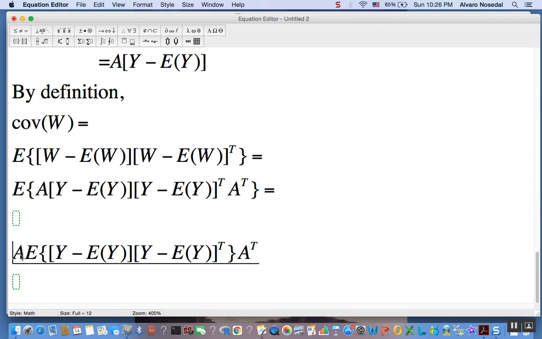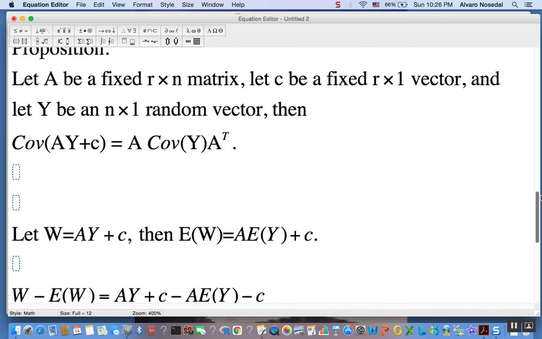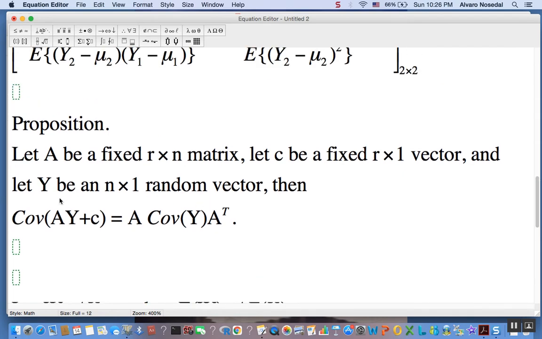So in the end, what we have is A times the covariance matrix of Y times A transpose. And that is exactly what we wanted to show, right?